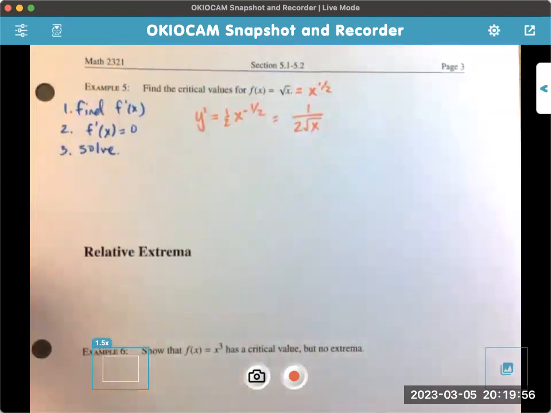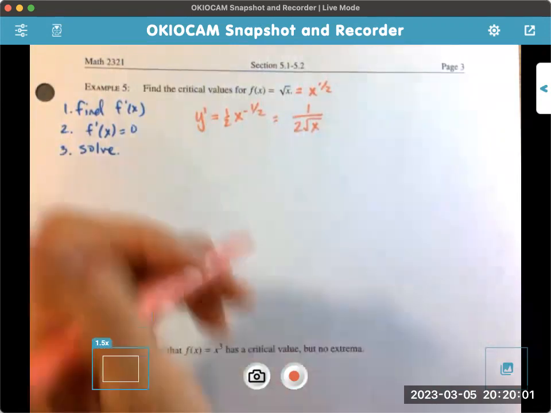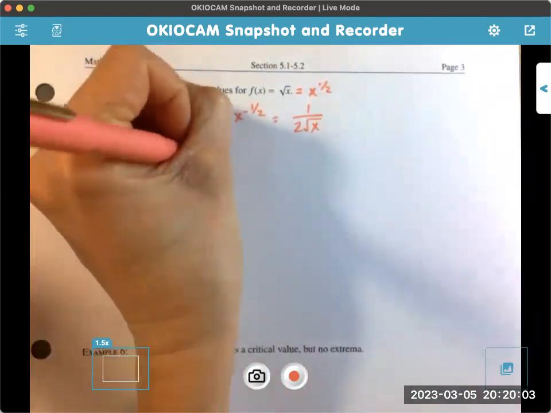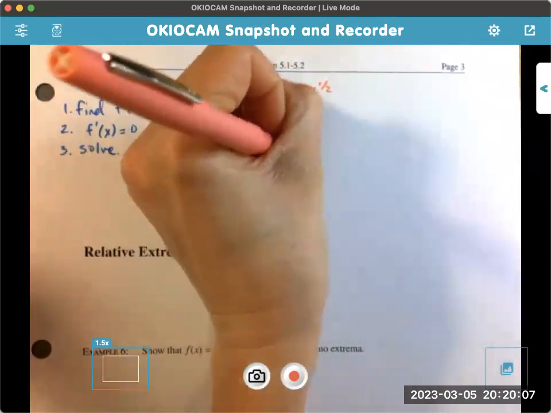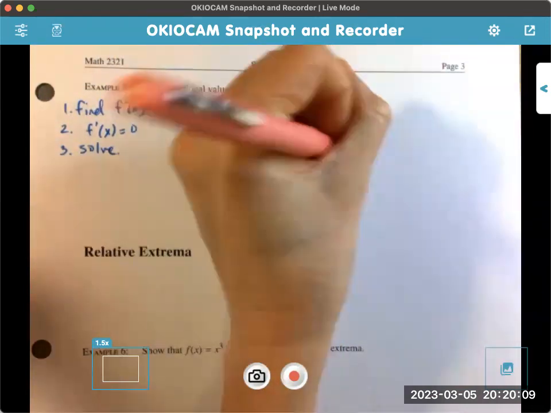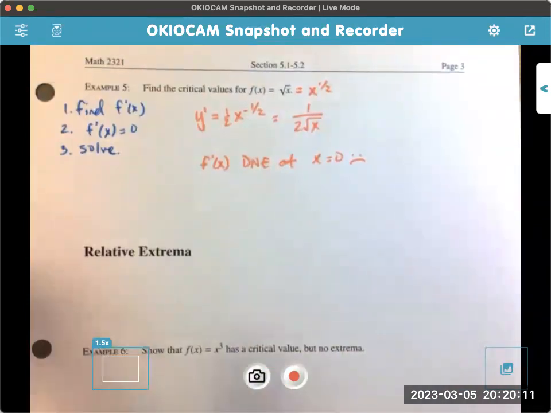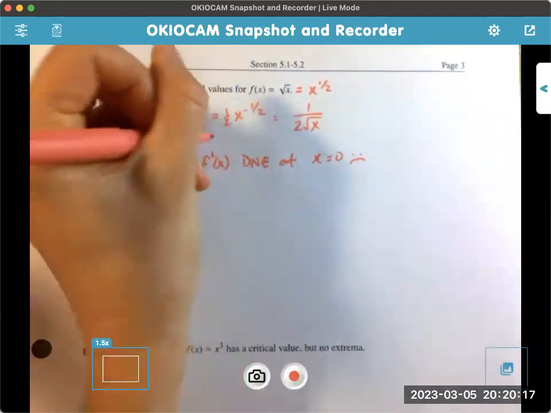So what do we do here, right? That's the question. Well, f prime of x does not exist at x equaling 0, right? So that was the second part of our definition of critical values. It also tells us where the derivative doesn't exist.